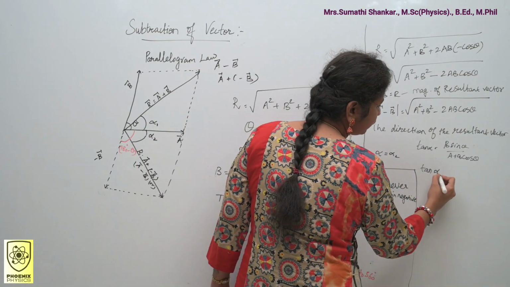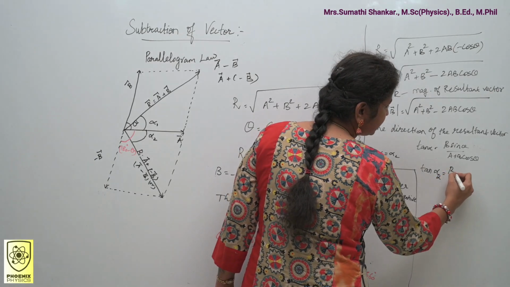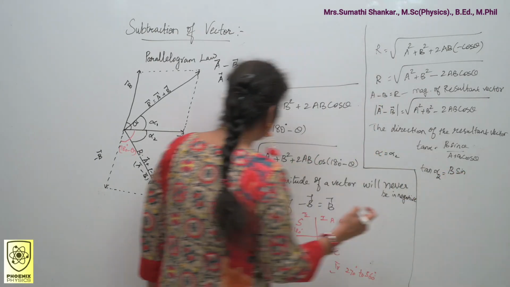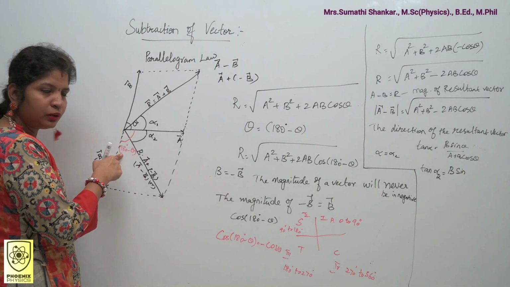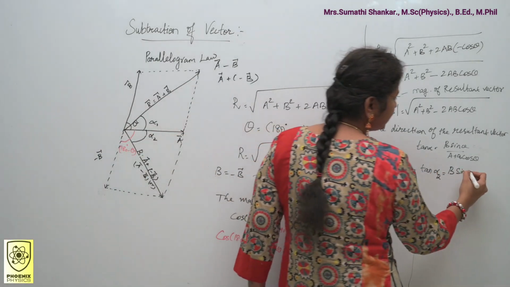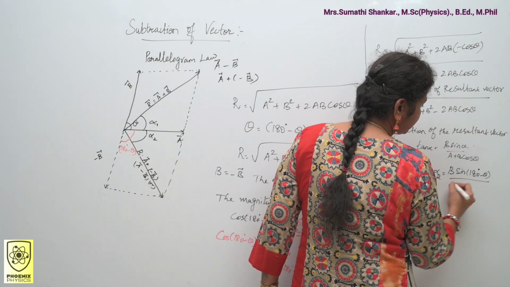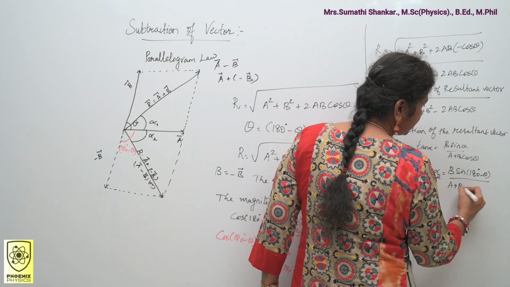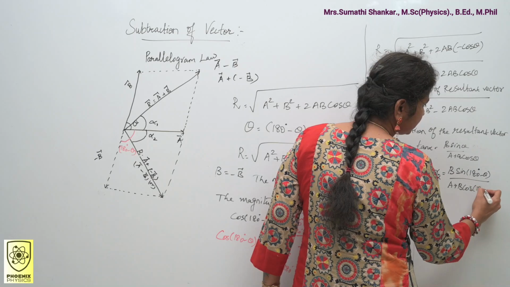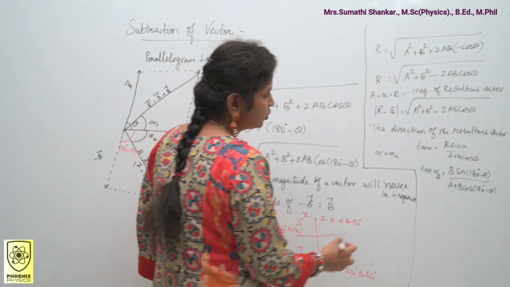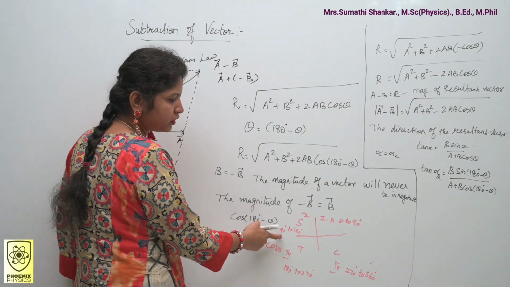So tan alpha 2 is equal to B sin, and what is our angle? 180 degree minus theta. So you write sin 180 degree minus theta divided by A plus B cos 180 degree minus theta.